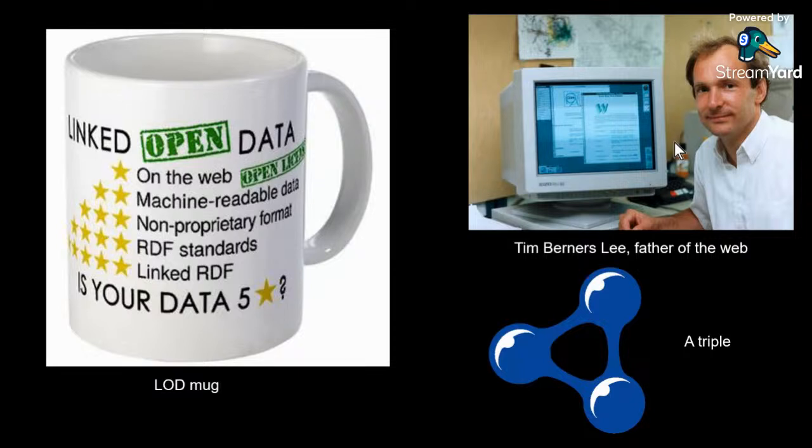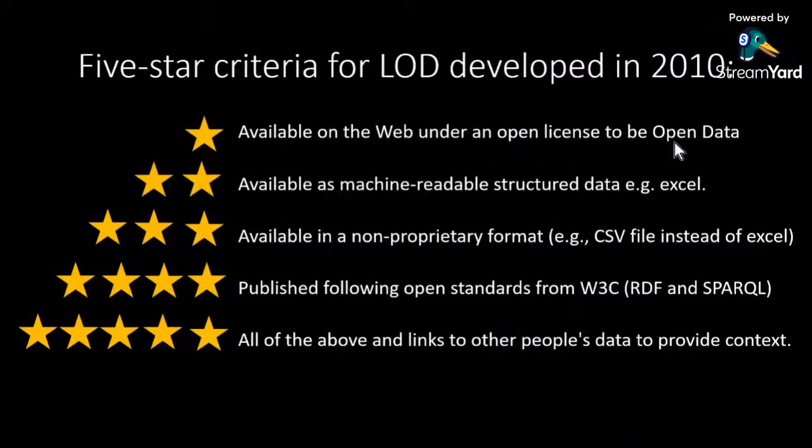We also have the photo of Tim Berners-Lee, the father of the web, on the top right. And then we have the icon for a triple, which is a kind of sentence that connects three items. It is the simplest, but at the same time, most powerful way to convey information. We're going to look at that as well in a minute.